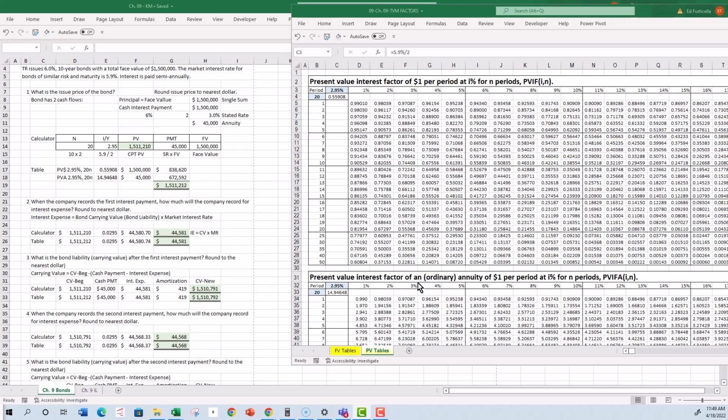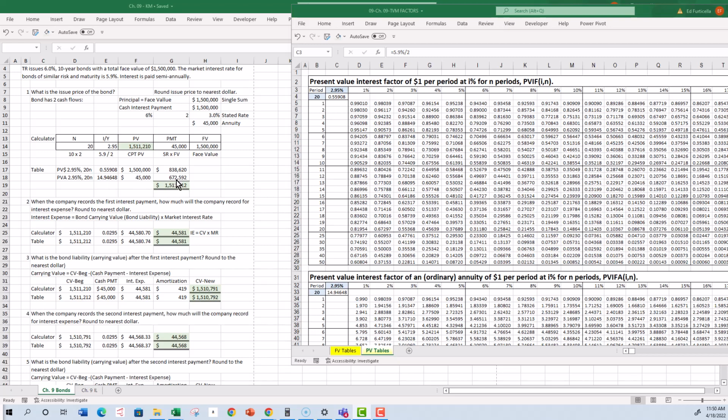Now it's time to do the annuity payment of $45,000. Because it's an annuity, we use the present value interest factor for an annuity. Again, we put 2.95 in for 20 periods, and we get 14.94648. We multiply that by the 45,000, and we get the value of the annuity payments.